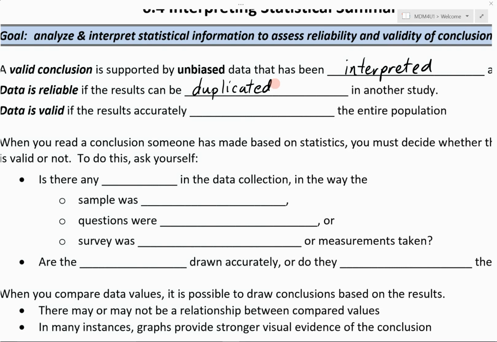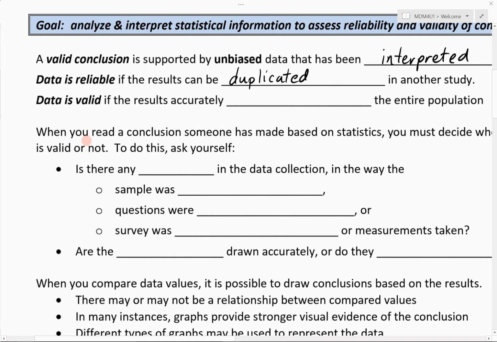Can someone else conduct the same study, conduct the same survey, sample it the same way, and get results that are duplicated? That way the conclusion can be supported.